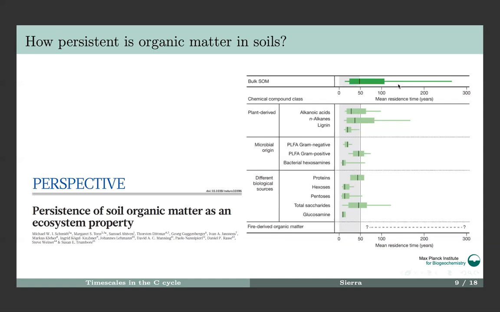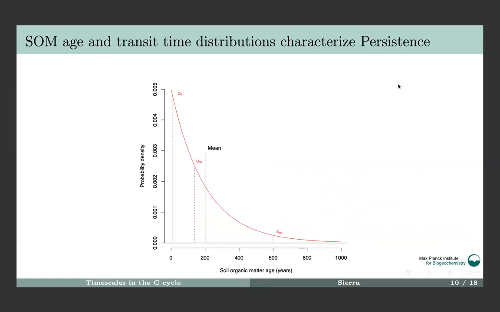However, one issue with these ideas is that the concept of mean residence time is ambiguous, because on the one hand, we don't know if this data represents the age of carbon in soils, or the transit time of carbon in soils. And also, as I showed you before, the mean values can be quite misleading, because you can have distributions of soil organic matter with really long tails, so the time that carbon can stay in the soil can actually be very, very long.